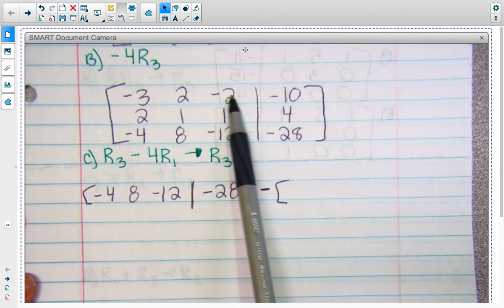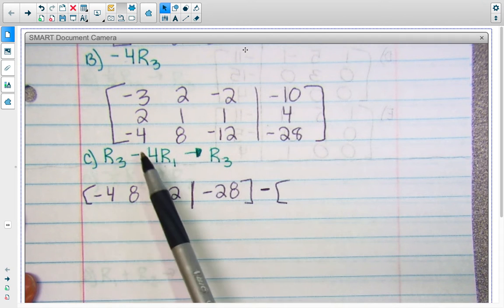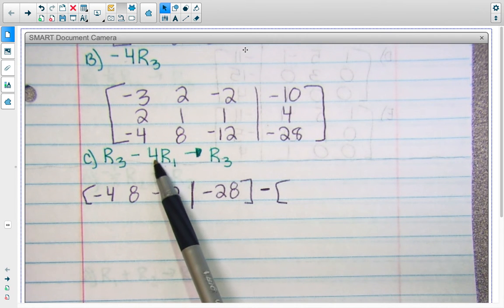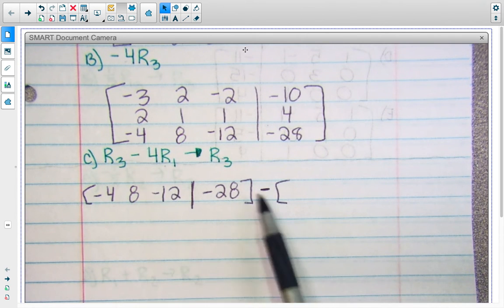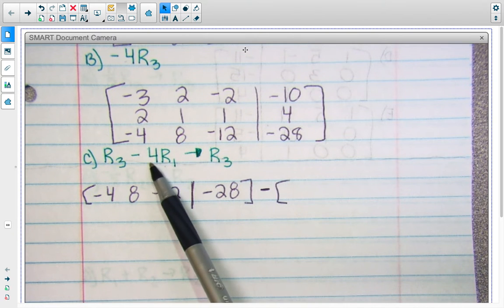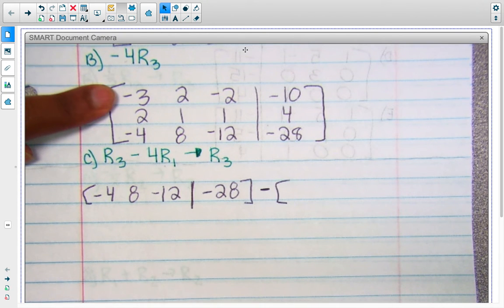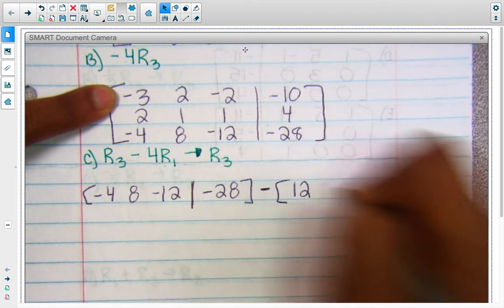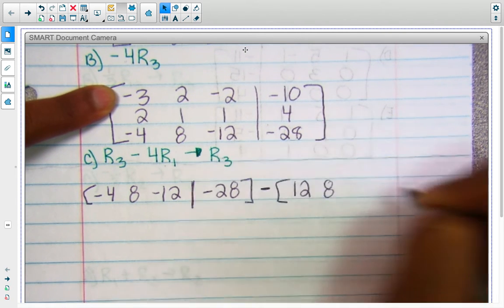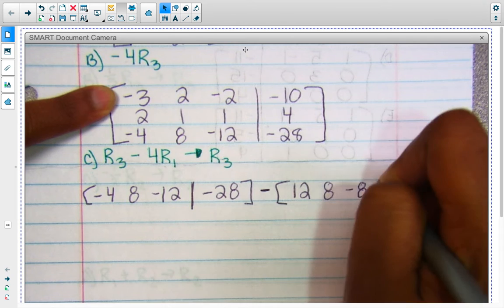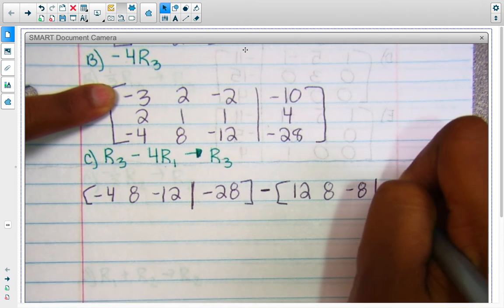This is row 1. So I'm going to multiply each of those numbers by +4. I've already taken out the subtraction sign, so now I'm just multiplying by +4. So if I multiply this row by +4, it's going to give me 12, +4, +4, and +4.